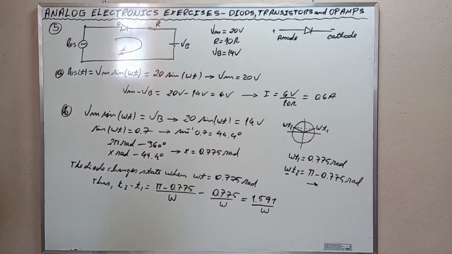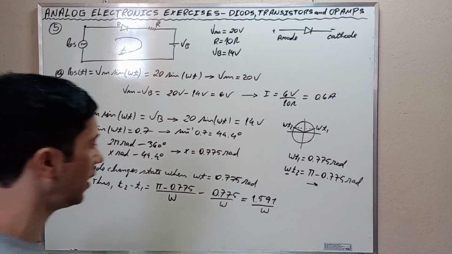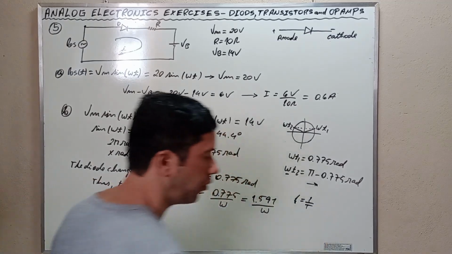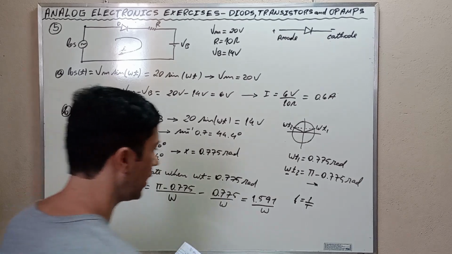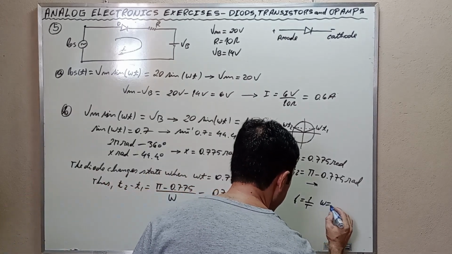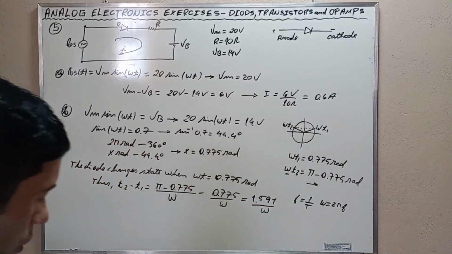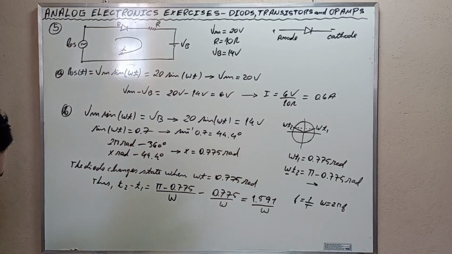And using that F is equal to 1 over the period, and that W is equal to 2 pi F, we can write this in another fashion.